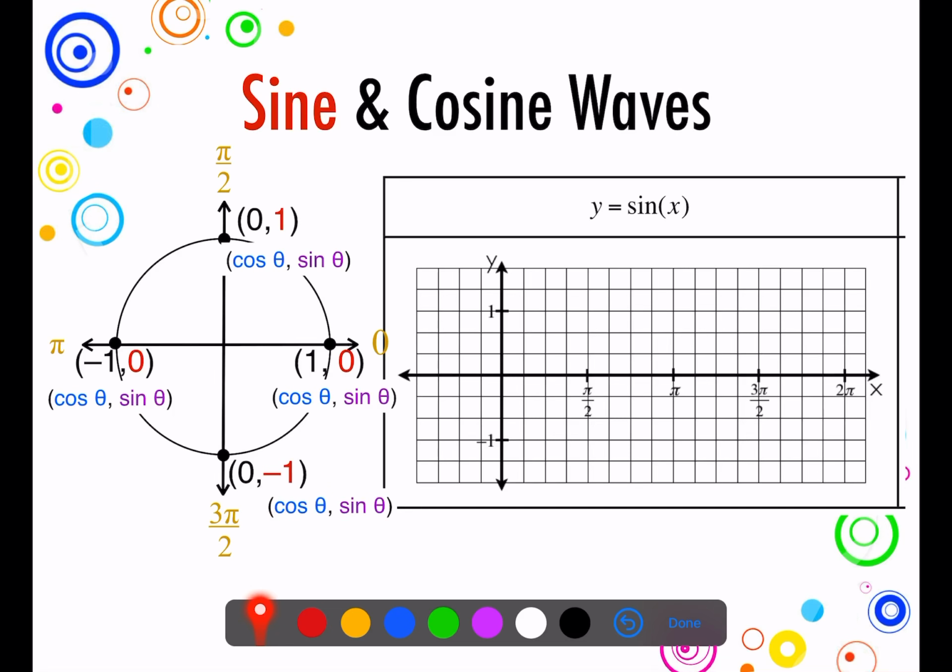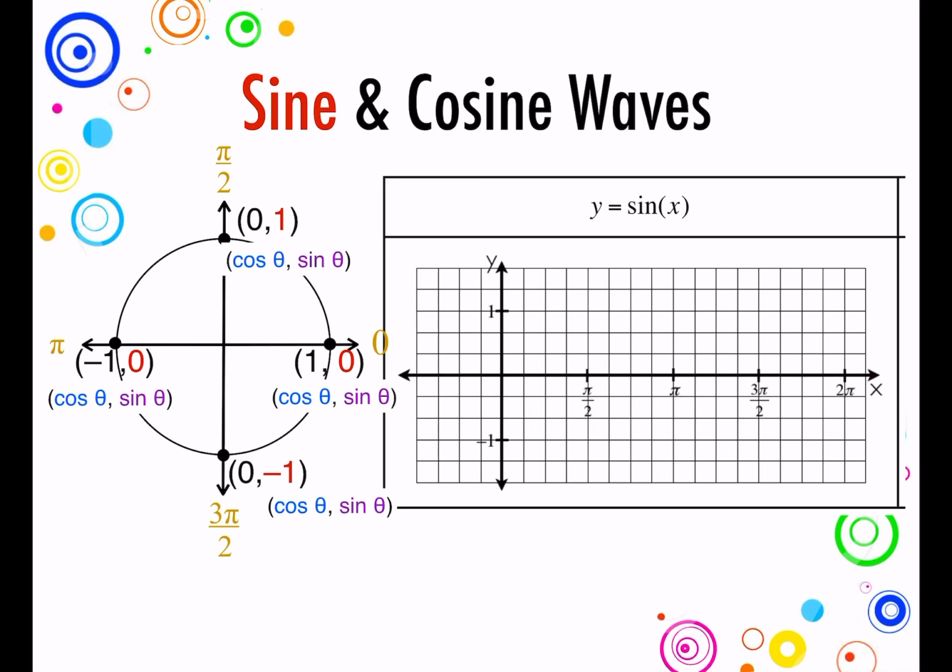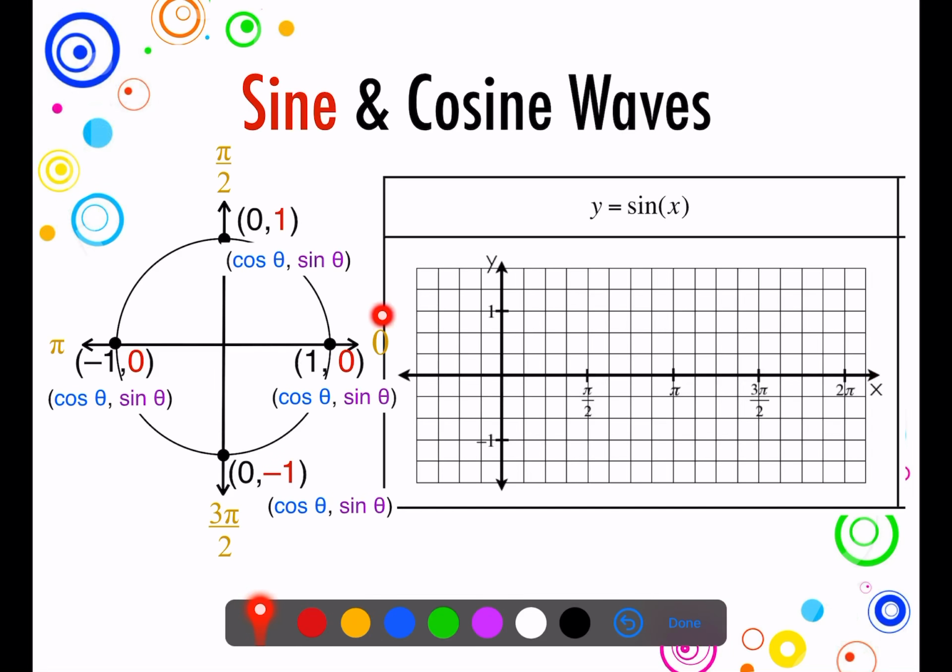Now you'll notice here in this coordinate plane that the x values are pi over 2, pi, 3 pi over 2, and 2 pi. These are my angles. These are the angles that appear around the circle.